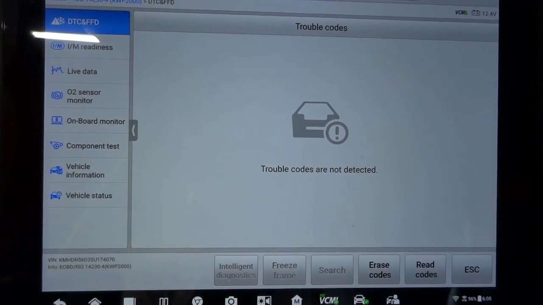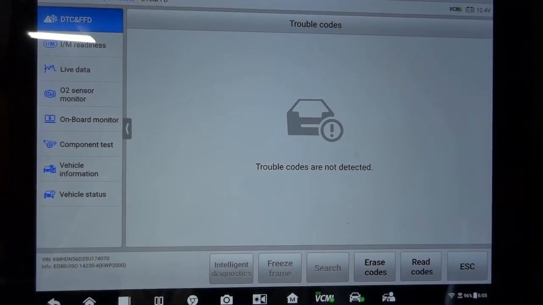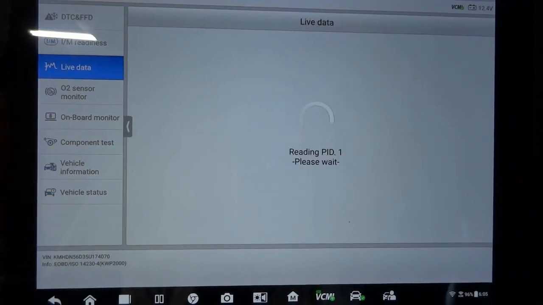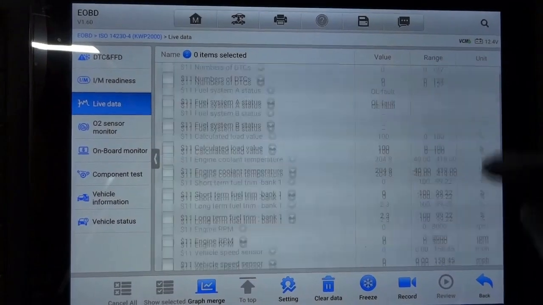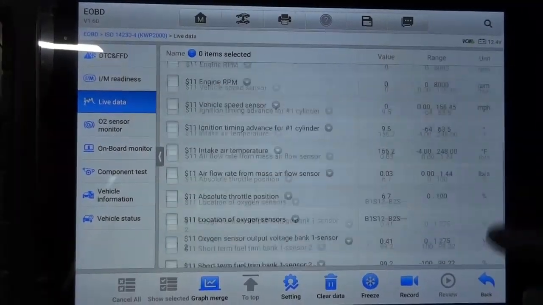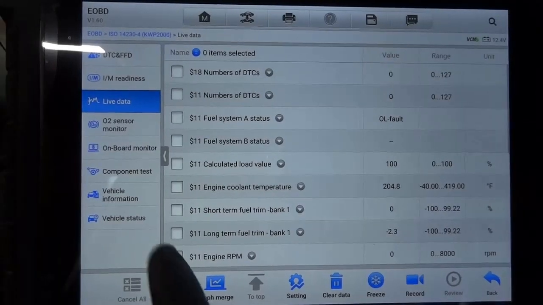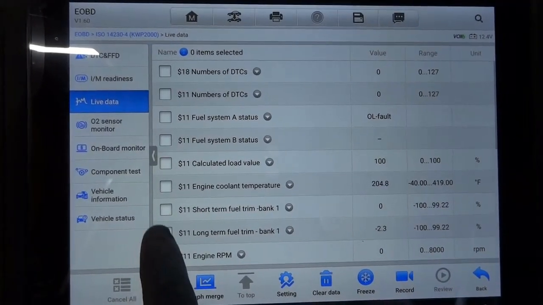So now the next thing we're gonna do is look at some live data. So let's go to live data. Alright, so we have a list of data pads here. So we're gonna select the data pads that will help us fix this problem.